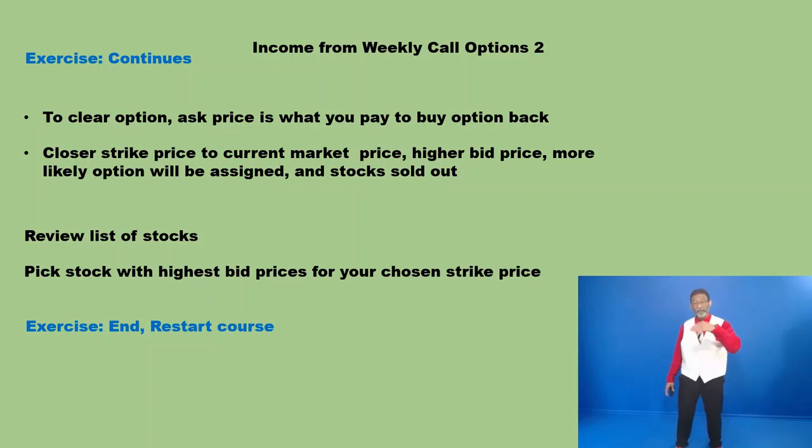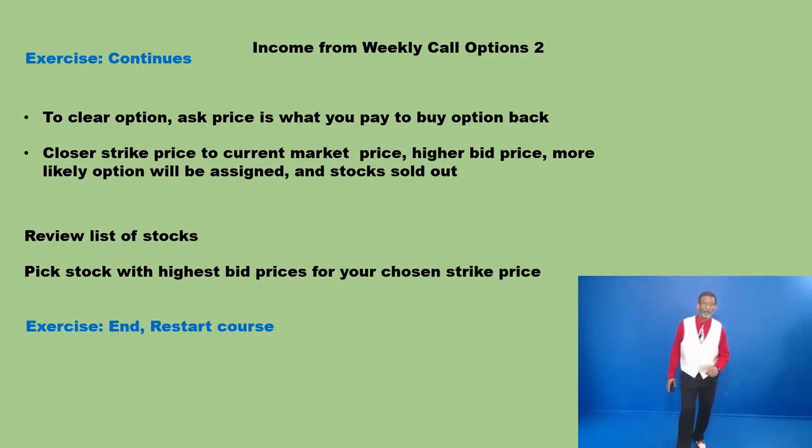So that's why you're paying attention to the bid price and the ask price. You're trying to find out what those values are. In the event that you decide that you want to clear that particular position out, then you want to know what the ask price is, because that will be the price you're paying to buy that option back.